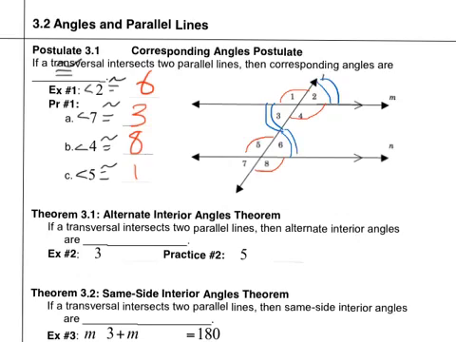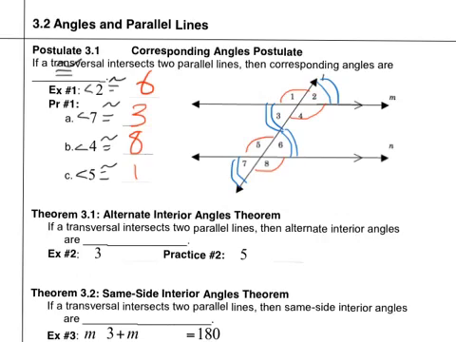2 corresponds to 6, and 6 is vertical with 3, which is, 6 is vertical to 7, which is also corresponding to 3. So you can kind of see a pattern here, kind of this zigzag pattern, and that pattern is pretty consistent.